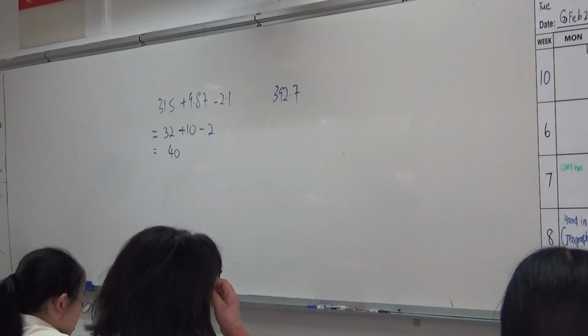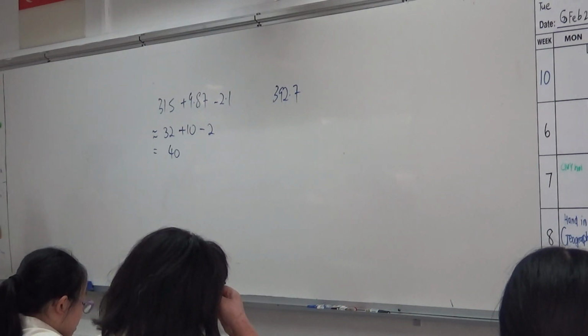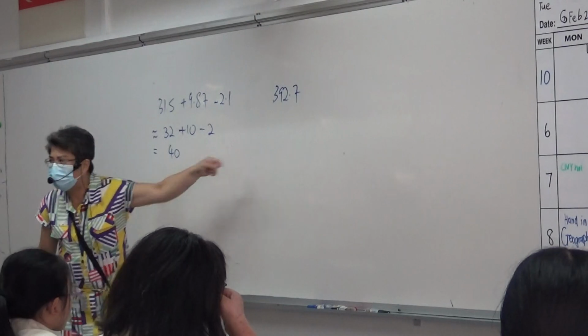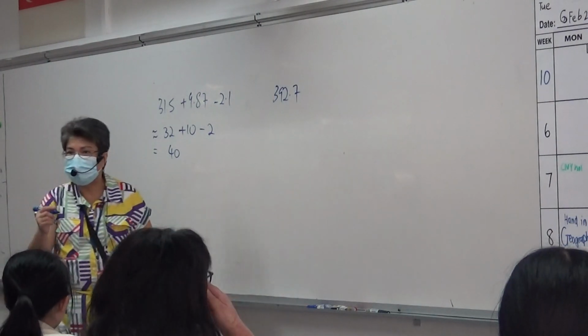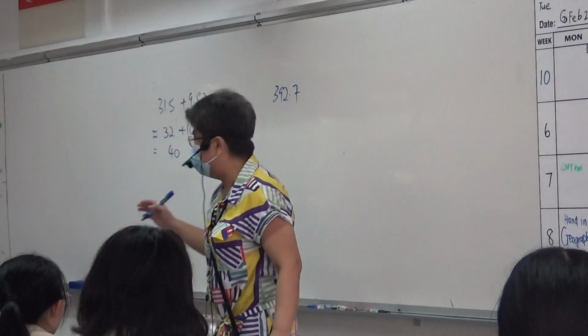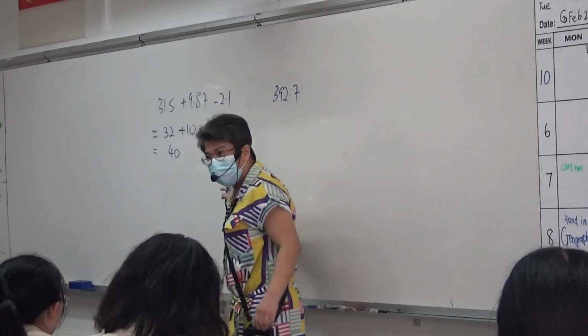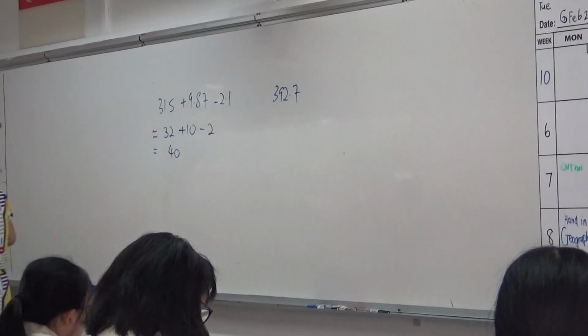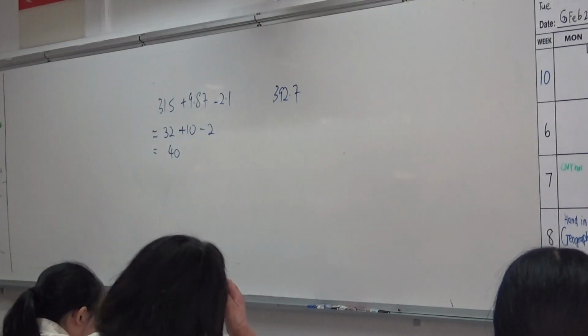So this person is confirmed not reasonable. Now, even if I don't do this, I also know it's not reasonable. Am I right to say that? But in exam, if I ask you to say why is it unreasonable, you cannot just say it's obvious. You must at least show me some working. Understand? Can or cannot? Cannot. So this is example 5. Okay?